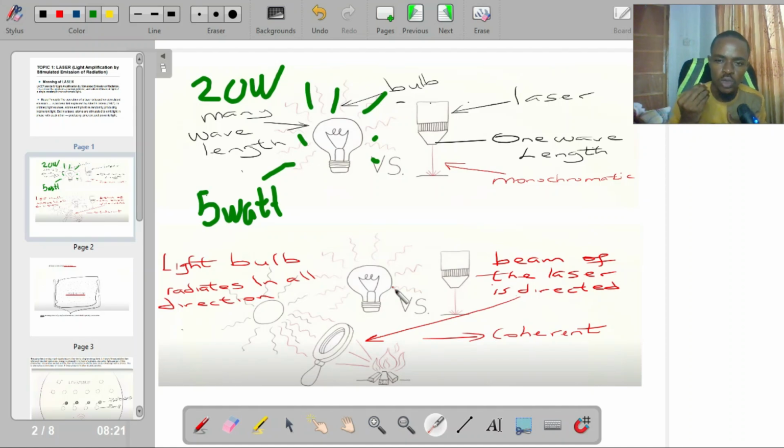once you turn on a laser, it can actually burn a particular thing. And I think I showed you a video where the scientists tried to use a laser with a fruit.